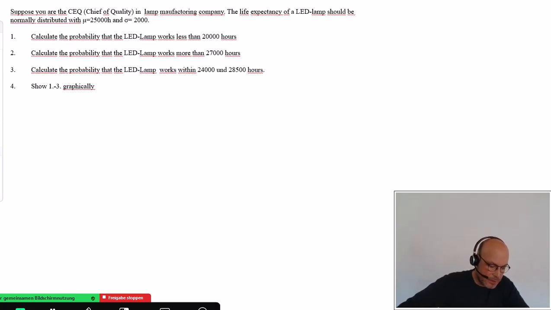In a lamp manufacturing company, the life expectancy of your LED lamps should be normally distributed around mu of 25,000 hours with a standard deviation of 2,000 hours.